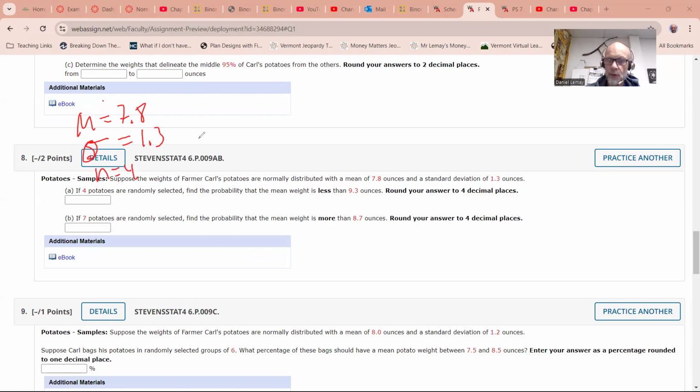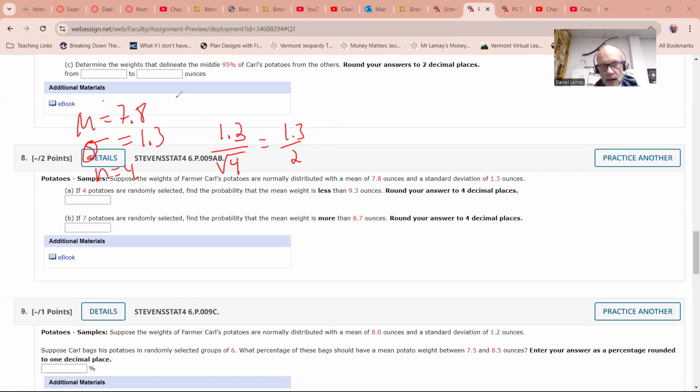So before you do any work, because we got a sample size more than 1, we're going to have to do this calculation here. We're going to take the standard deviation and divide it by the square root of the sample size. So that's going to be 1.3 divided by 2, which is 0.65. So that's the standard deviation.